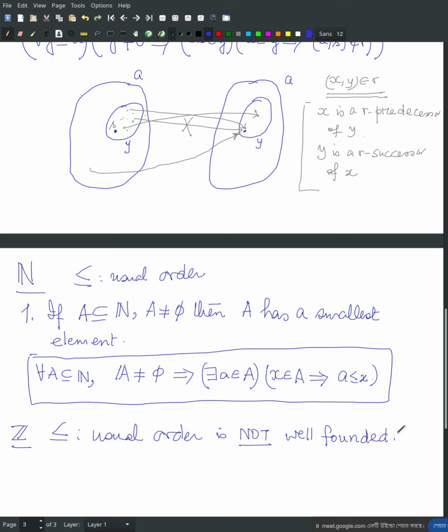So how do you prove this? Obviously, this statement is false, which means you have to give me a non-empty subset which doesn't have a smallest element. Can you do so?